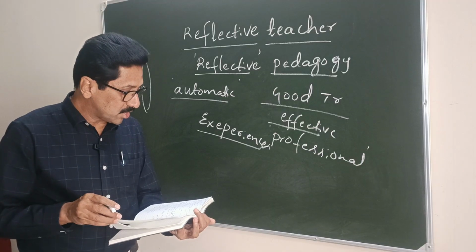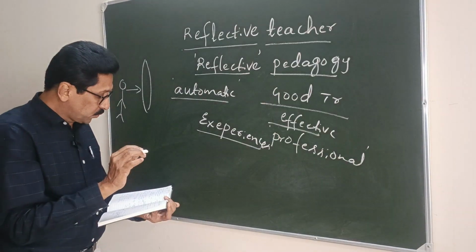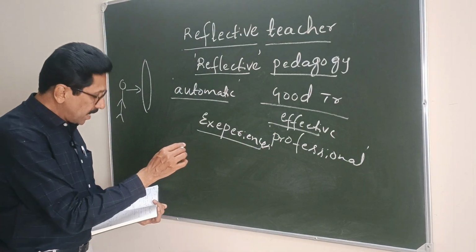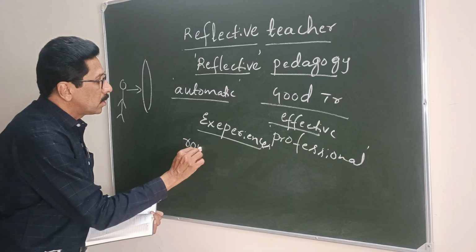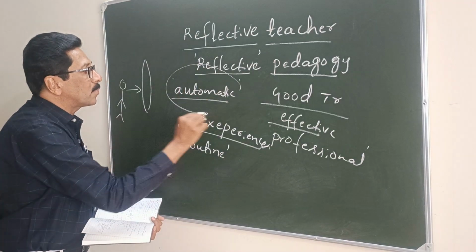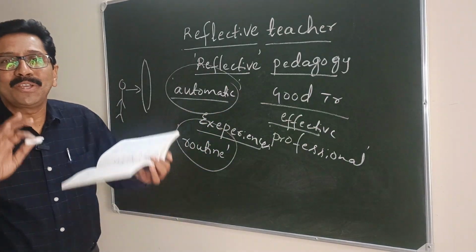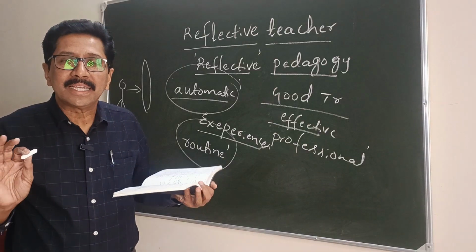and then continuously the teacher needs to engage in reflection. So reflective pedagogy moves away from routine action. Always we are doing our work in a routine or automatic manner. Whatever I am doing as a teacher, I assume I am doing everything in a better way.